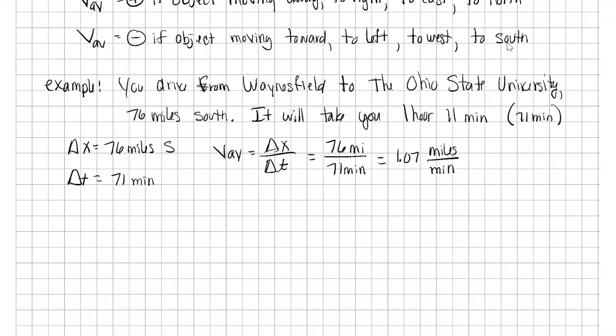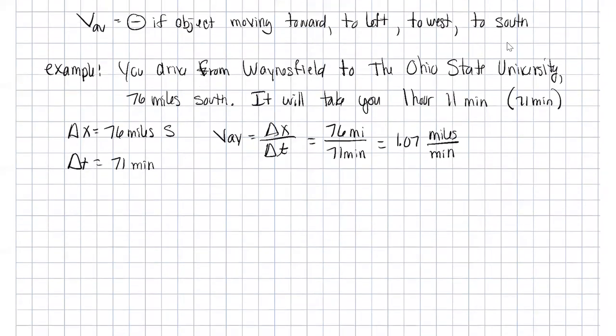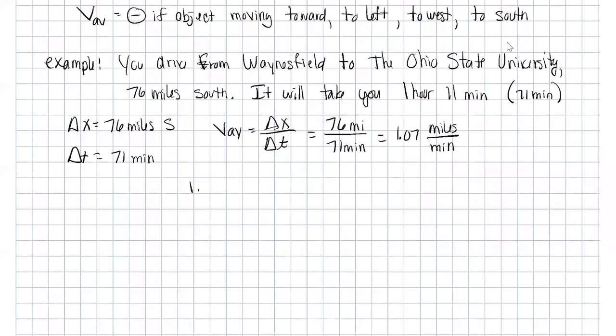Now, we don't usually measure our speed in miles per minute. We tend to talk about speed in what our car odometer reads us. So the 1.07 miles per minute needs to be converted to miles per hour. So we can use a conversion factor there of 60 minutes in 1 hour.